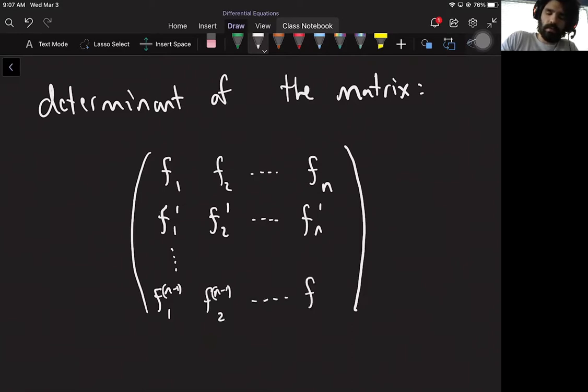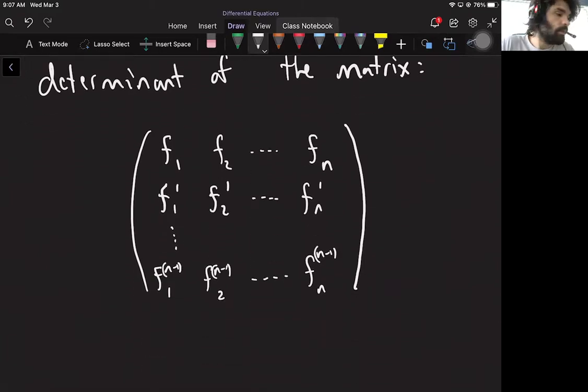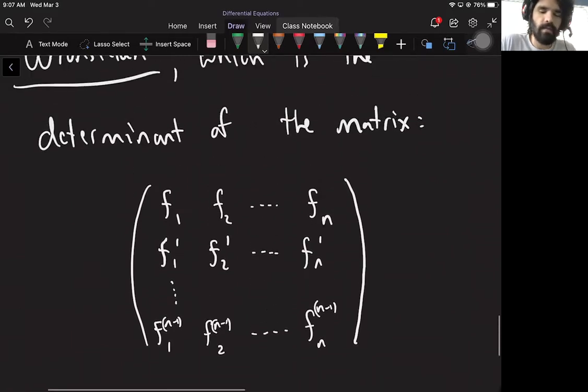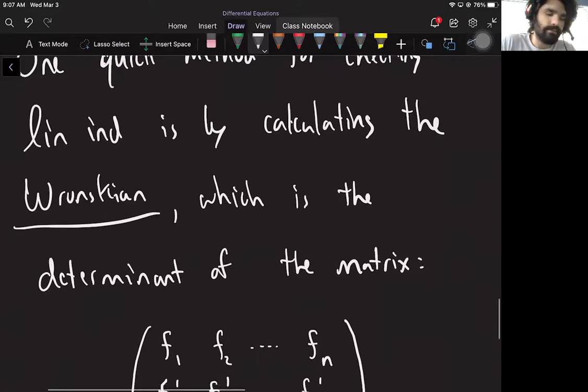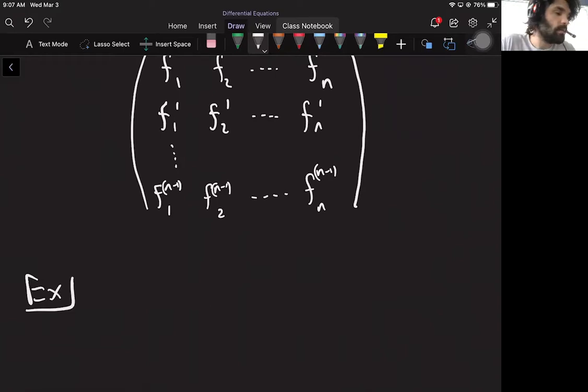And this creates a matrix. So we stick them all in this big old matrix, and then we calculate the determinant, which I'm not going to explain because it's very long to explain the determinant. We're just going to use it in a couple of situations where it's easy to do. And then we'll see what this does for us. So let's just practice calculating the Wronskian. And afterwards, I'll say how it tells us linear independence.